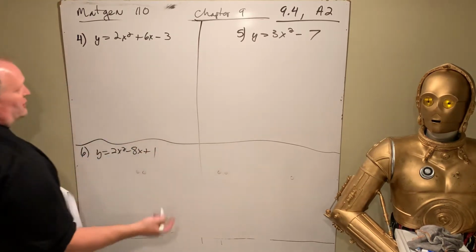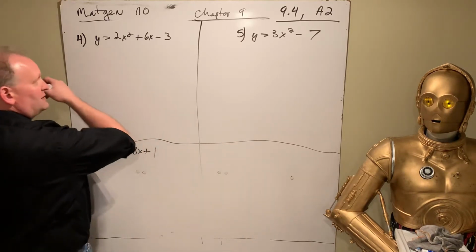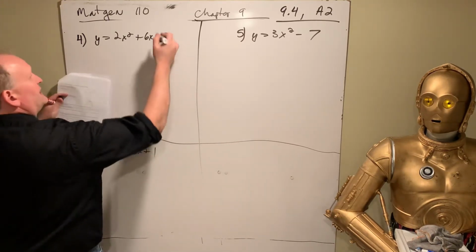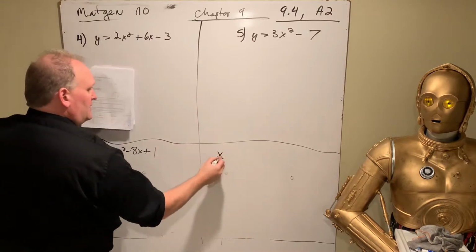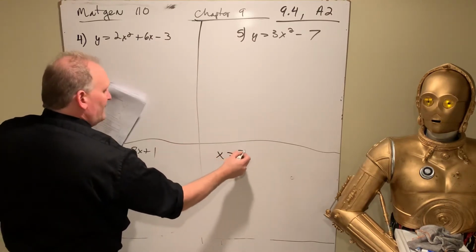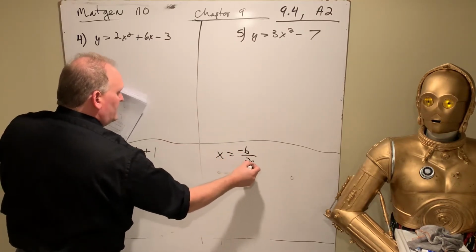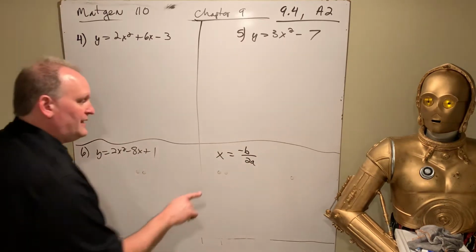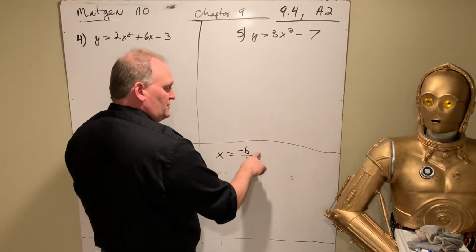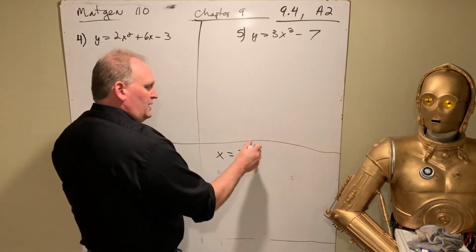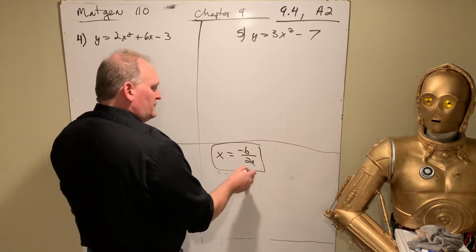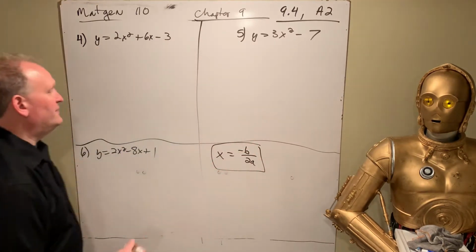They want us to find the vertex without graphing it, just find the vertex. So above they give you this formula. x is equal to the opposite of b over 2a. And if you remember your quadratic formula, that's the very first thing. Then there was a plus or minus square root added to it. But if you just do the opposite of b over 2a, that'll give you the x coordinate of the vertex.